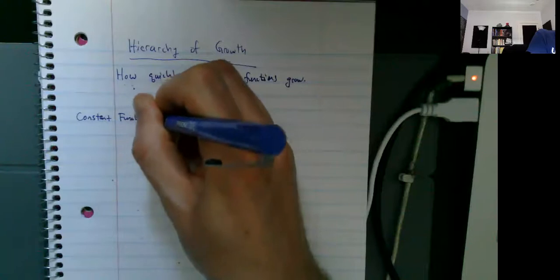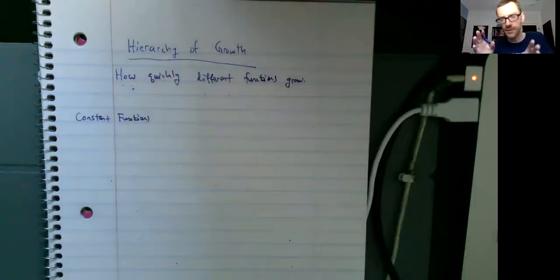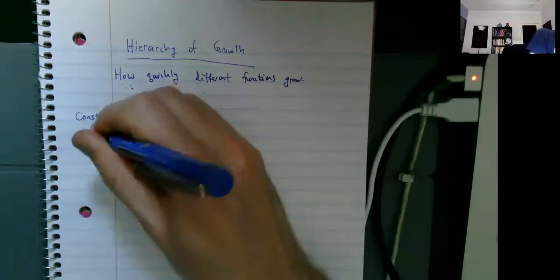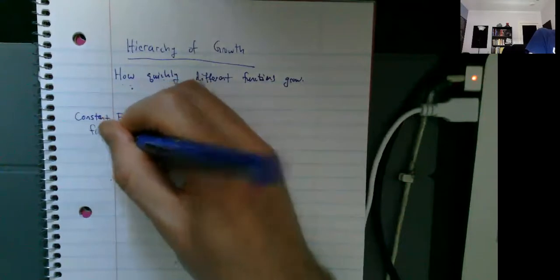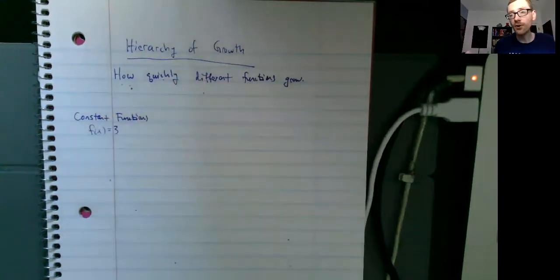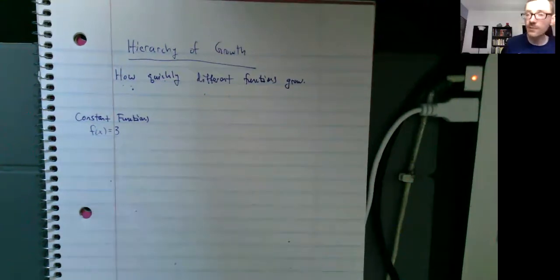Okay, remember like a constant function is a function that doesn't grow at all, right? Like the function f of x equals 3. That's a constant function. That function is always equal to 3. It doesn't grow at all. As x gets bigger and bigger, the output is staying exactly the same. The output is always 3, no matter what the input is. So constant functions don't grow at all. So these guys are among the slowest growing functions out there. They don't really grow at all.